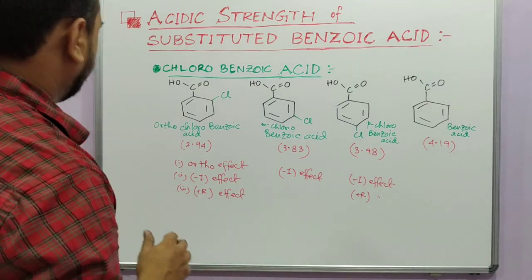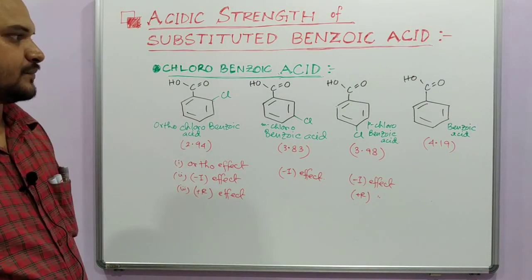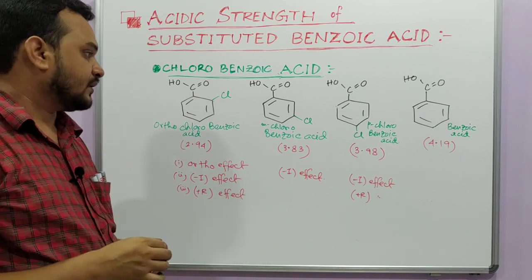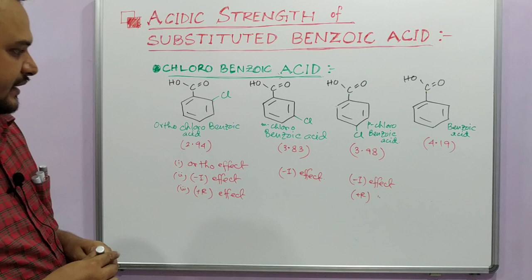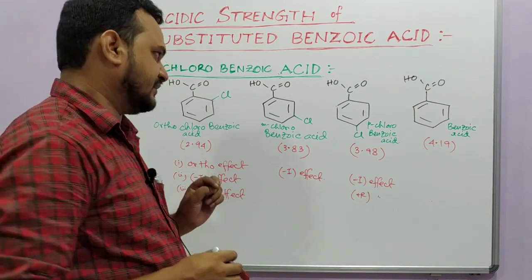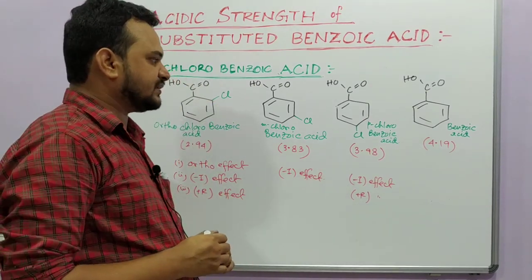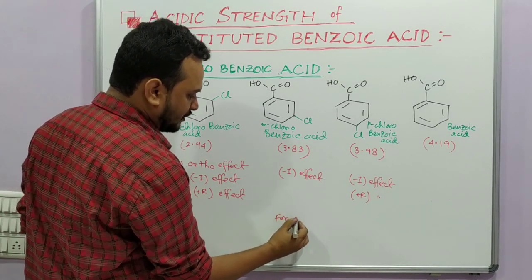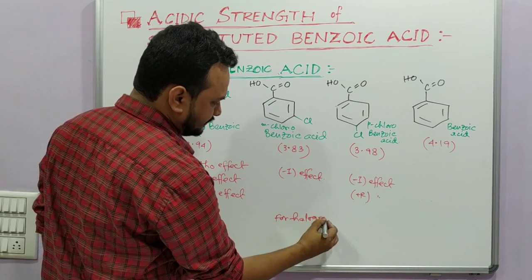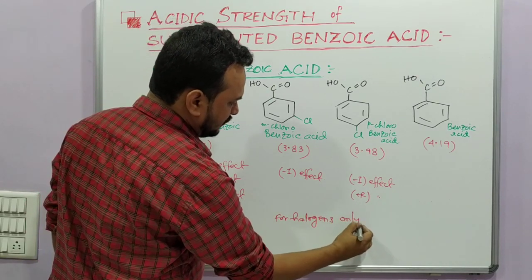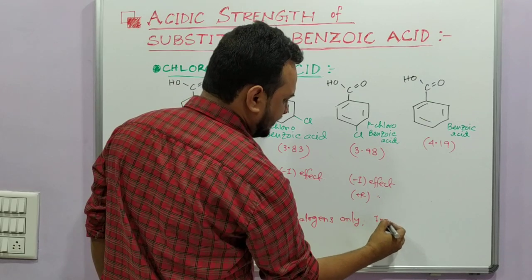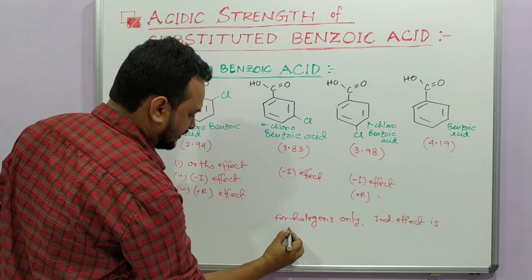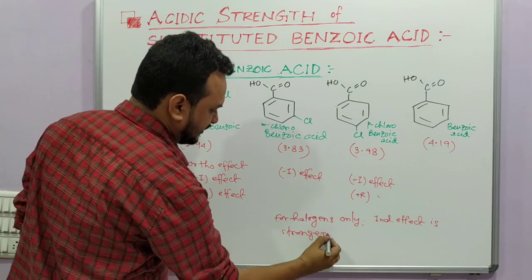The next example is chlorobenzoic acid. We know that when halogens are the substituents in a benzene ring, it shows minus I effect and plus R effect. For halogens only, not for other substituents, the inductive effect is stronger than the resonance effect.